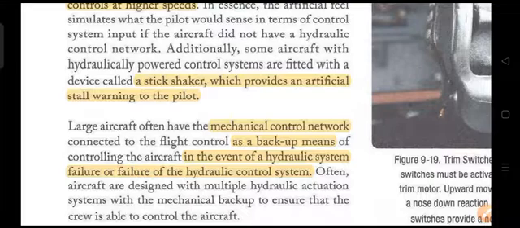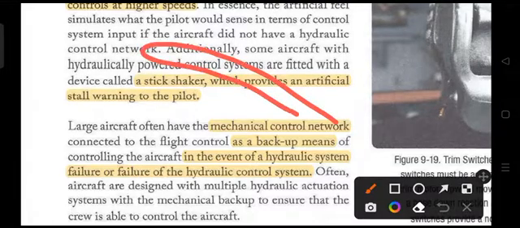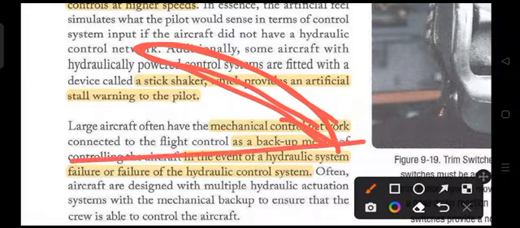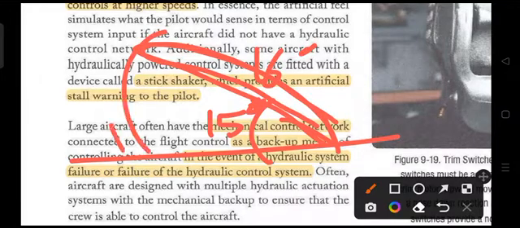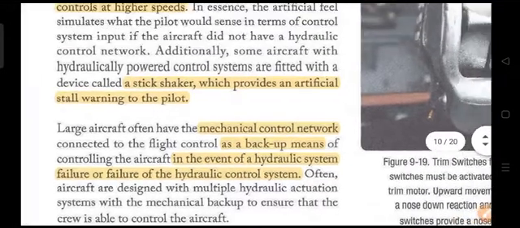Stall happens when the aircraft reaches its maximum angle of attack. The wing will reach a certain angle, which is more than 15 degrees, and the moment it reaches 16 degrees, it is supposed to stall. We have read this in aerodynamics. So in order to avoid such situations, a stick shaker is there. Now what is this stick shaker?